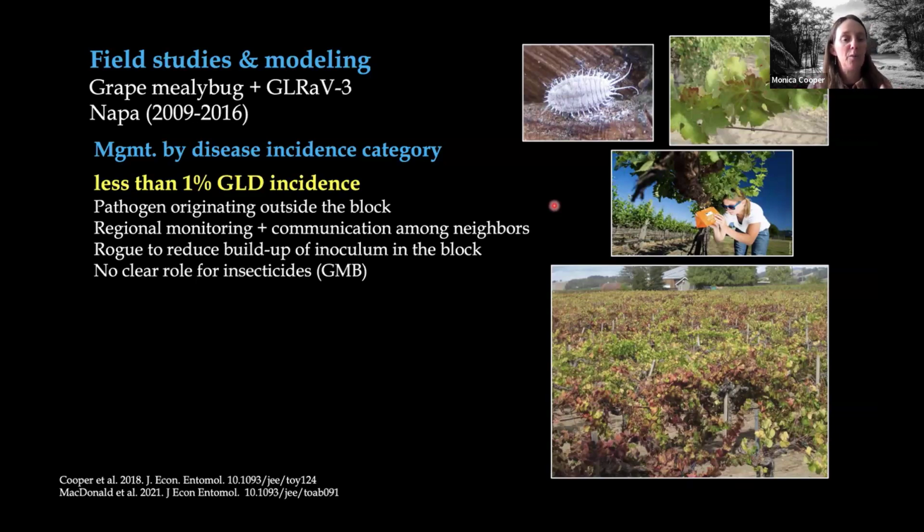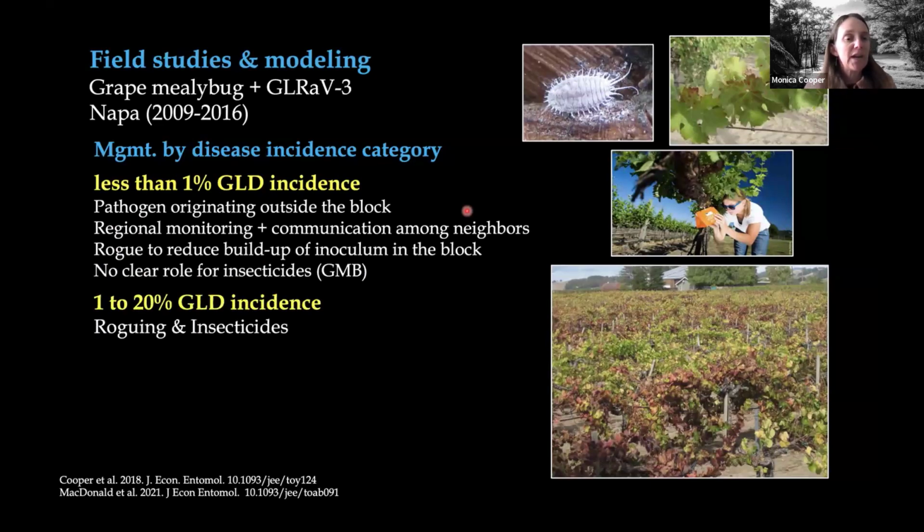But there's really no clear role for insecticides in that block simply because there's just not enough inoculum to really propel the disease forward, based on how many mealybugs are in the block. So definitely be roguing, but no clear role for insecticides in that block. And because the pathogen is originating outside the block, that's when regional monitoring and communication between neighbors is really important. When you start getting to the 1 to 20% disease incidence, there's a role of both roguing and insecticides.